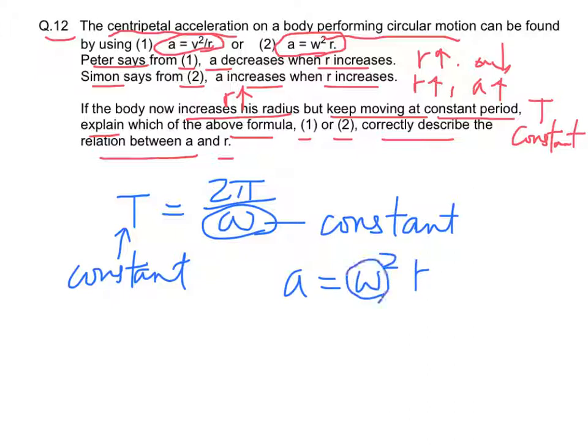Since omega is constant, the acceleration is proportional to the radius. Therefore, when the radius increases, the centripetal acceleration must also increase. Therefore, the second equation, a equals omega squared r, correctly describes the relation between a and r.